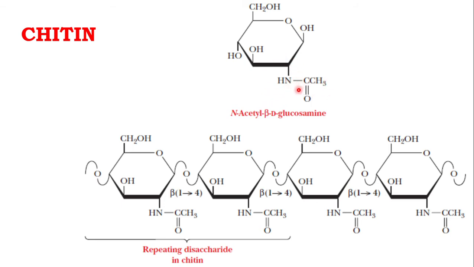So we say N-acetyl beta D glucosamine. You see, all these units are N-acetyl beta D glucosamine, and they are joined together by means of beta 1,4 glycosidic bonds.